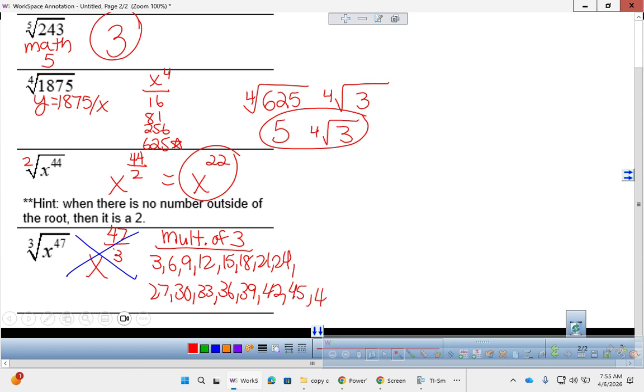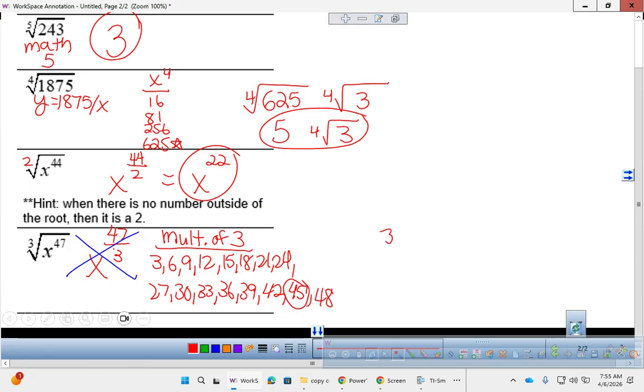I'm going to stop at 48 because 48 is bigger. So you want to list those multiples out until you get higher than that exponent. Looking at these multiples, I'm going to pick the highest one, which is 45.